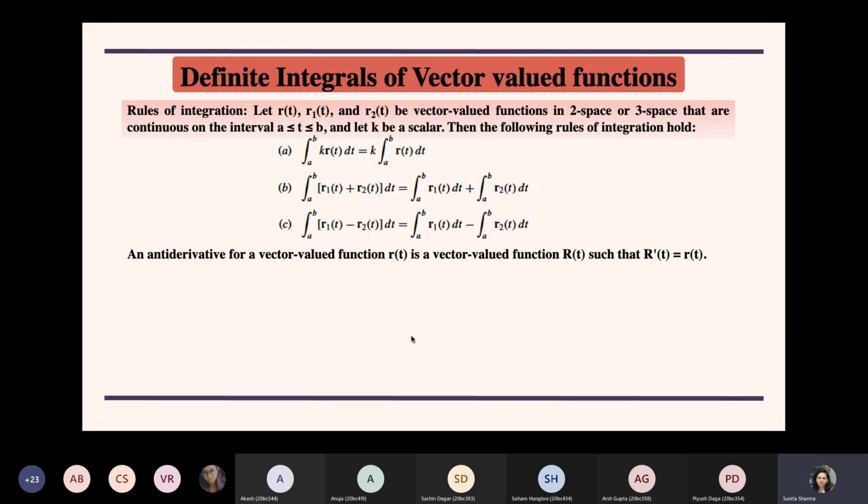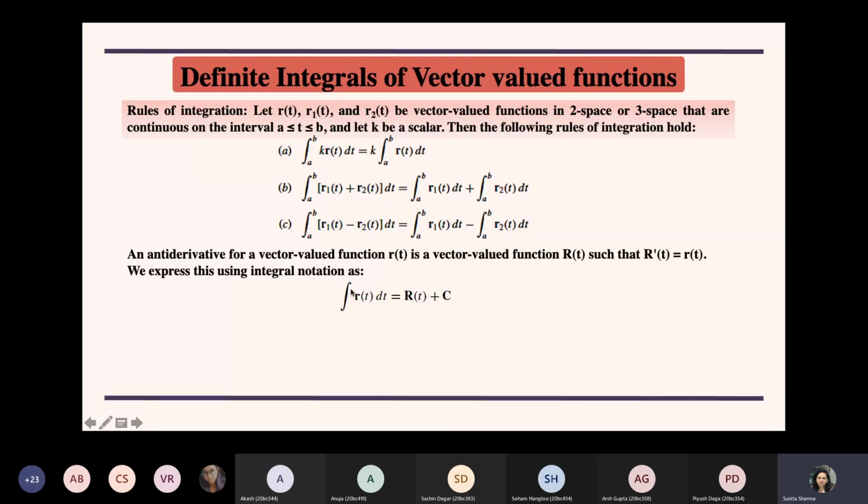So again, the same concept. An antiderivative for a vector valued function r'(t) is another function R(t) such that the derivative of R(t) is r'(t). Using this, we can also write the integral. Now we are just talking about the indefinite integral, not the definite one.